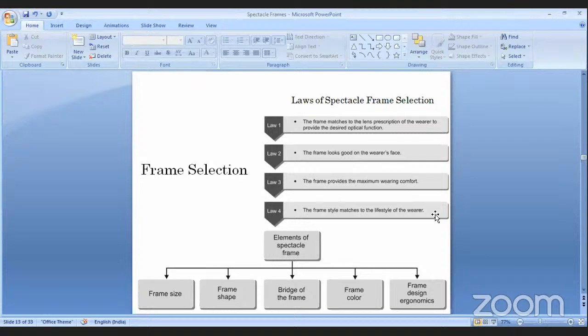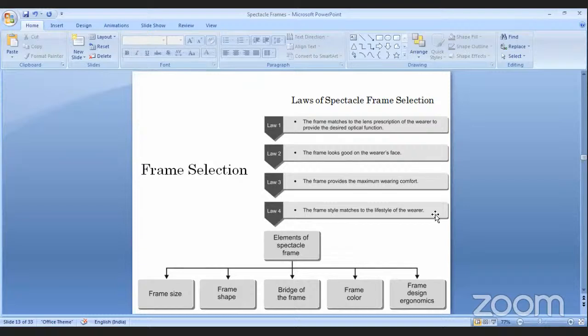This law is based on the assumption that a frame that fits well also provides the maximum wearing comfort. Disadvantages like frame slipping and tight fit should be minimized. If the spectacle frames are uncomfortable, the wearer will be aware of it and they will be distracted by using them.